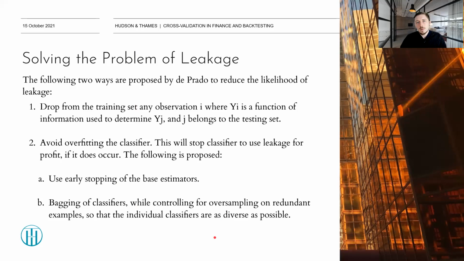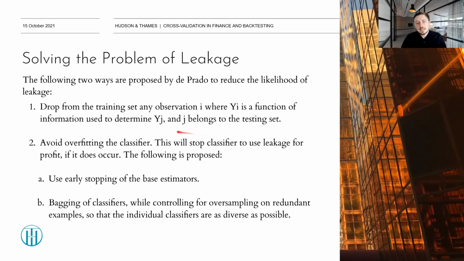So how can the problem of leakage be solved? De Prado proposes the following two methods to reduce the likelihood of leakage. One would be to drop from the training set any observation where y_i is a function of information used to determine y_j, and j belongs to the testing set.